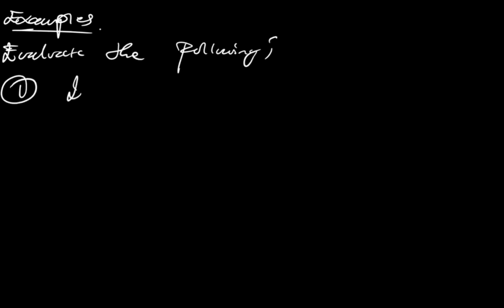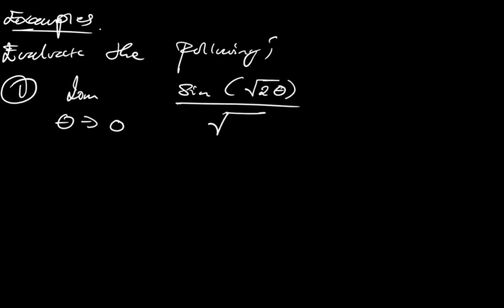So suppose you have a question such as the limit as theta approaches 0 of sine of root 2 theta over root 2 theta. Now, remember, we had an identity of the form sine x over x. So in this case, we're having the root of 2 theta.